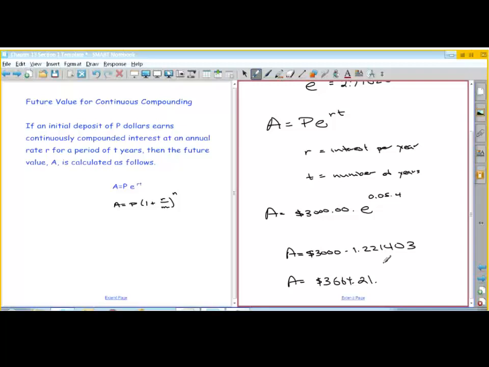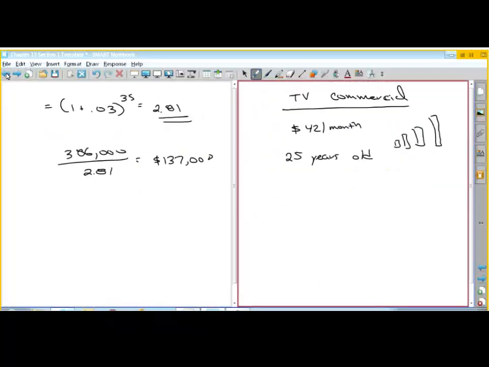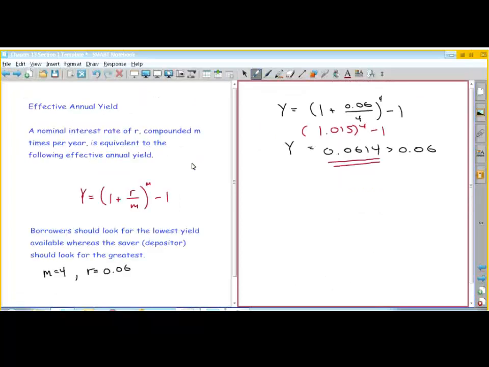The yearly rate is 6%, but the annual percentage yield is 6 point something. It's a slightly larger value. That's effectively how much you're getting per year, because of this continuous compounding stuff. Okay, so that's continuous compounding. So those are formulas. They're pretty easy to use.